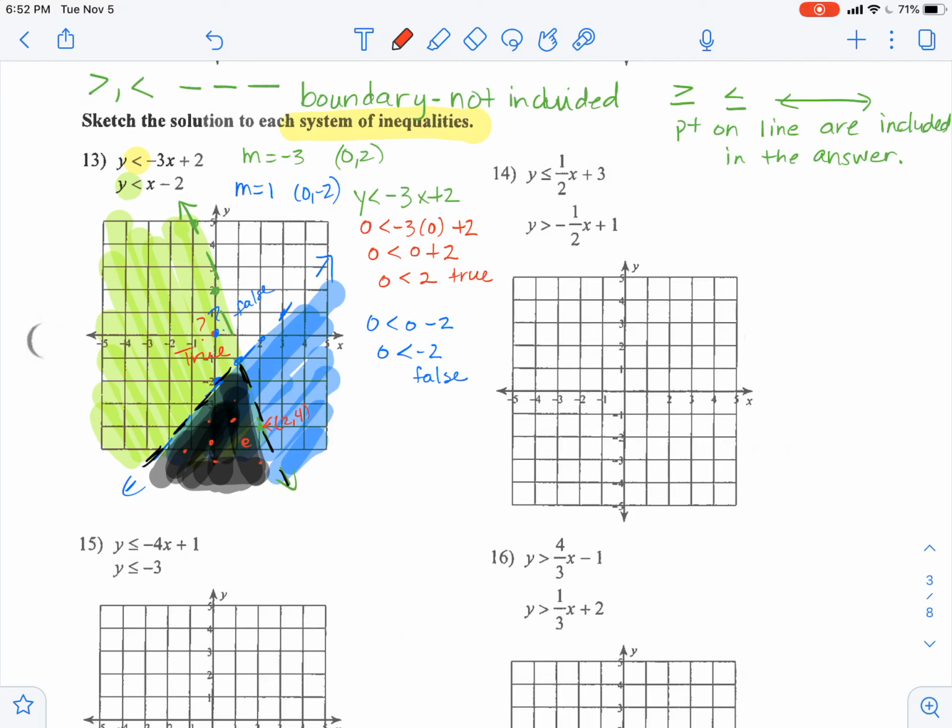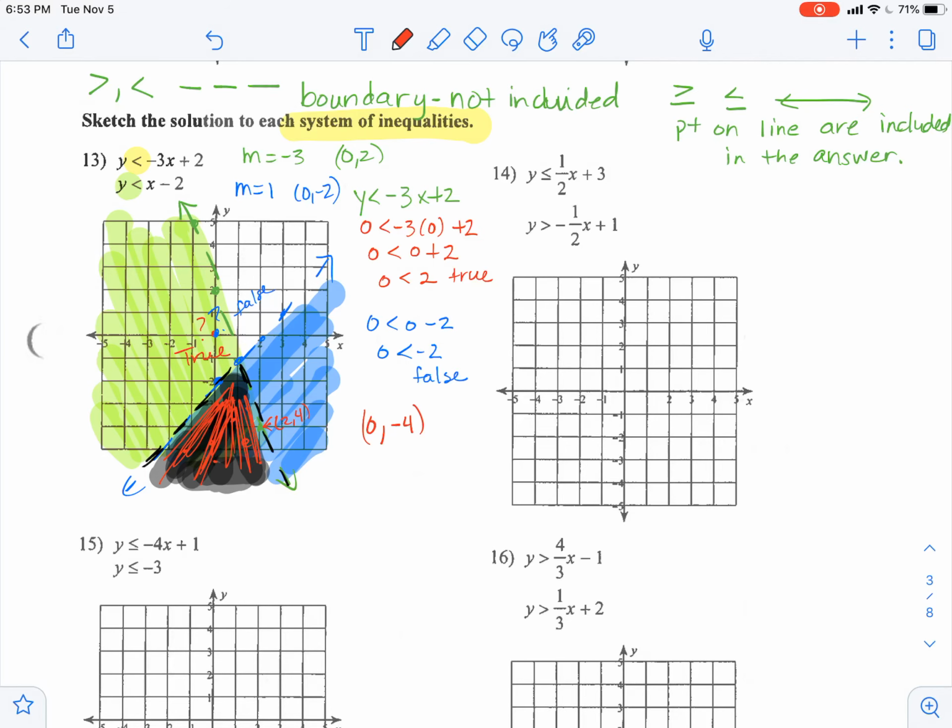But I could say that (0, -4) was part of the answer. There's tons of answers, millions of answers, because technically everything in that shaded area is a part of the answer.